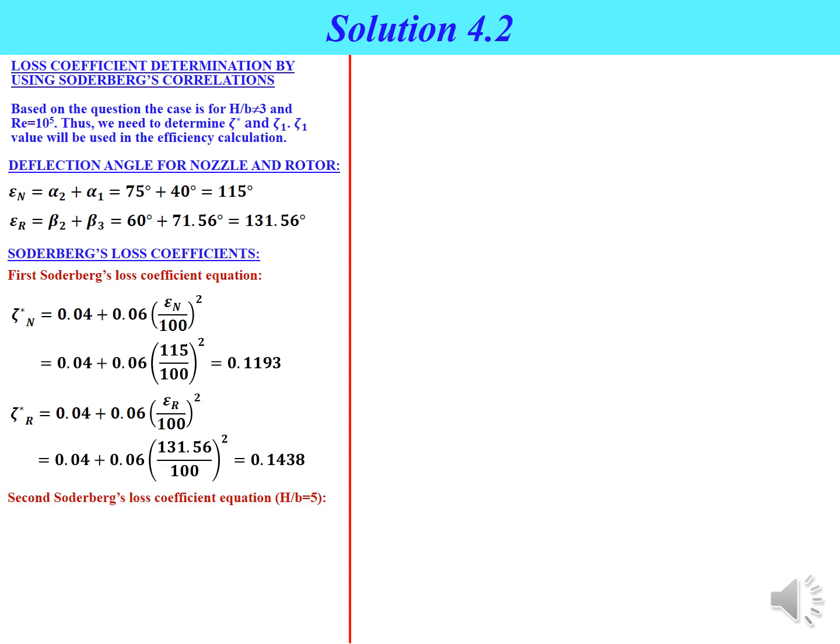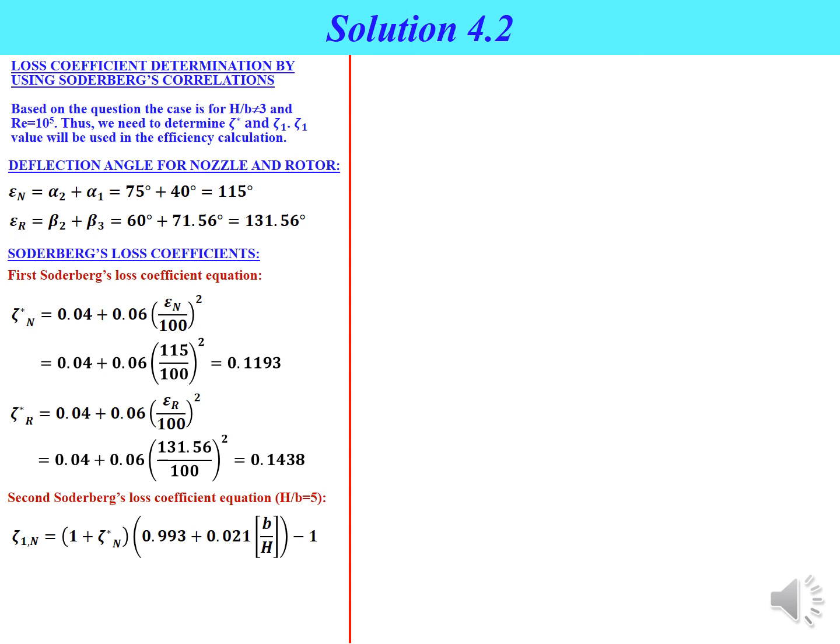Because the case in the problem has h over b not equal to 3, we need to consider the second correlation of the Soderberg equation, where h over b equals 5.